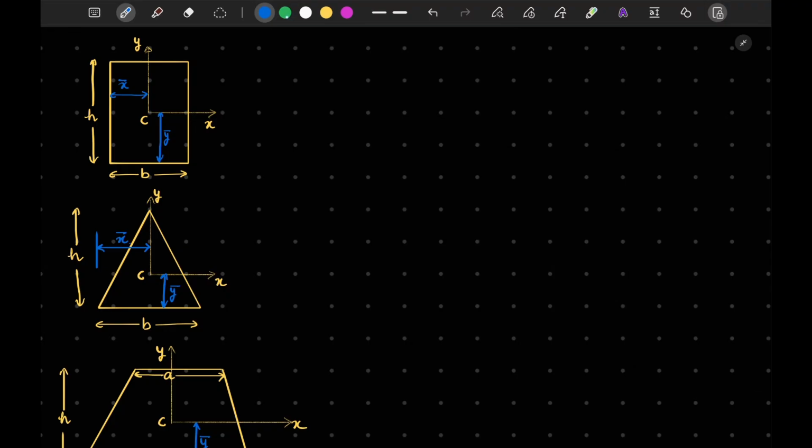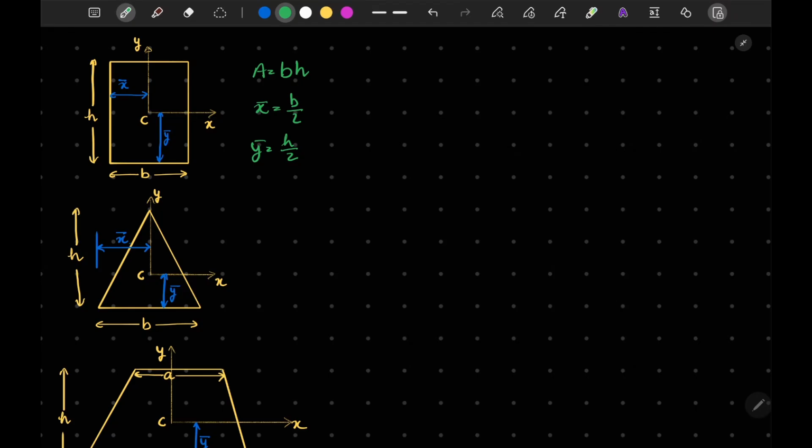First is the rectangle. The area of a rectangle, as you all know, where b is the width and h is the height, is b into h. The centroid location is x bar equal to b by 2 and y bar equal to h by 2.